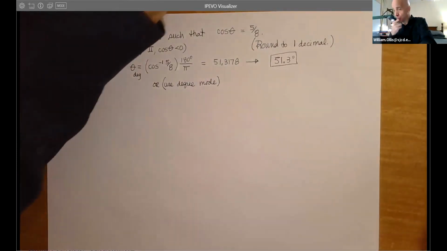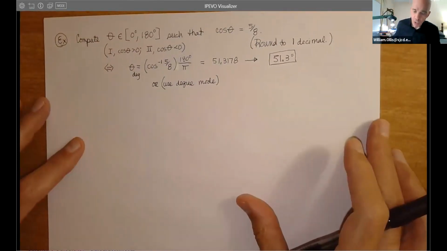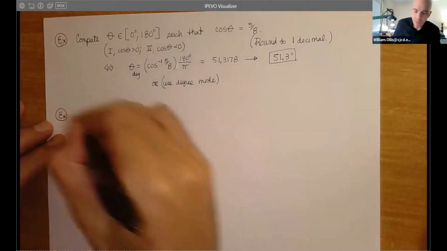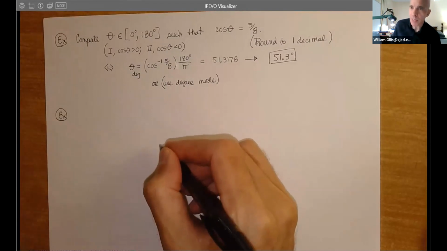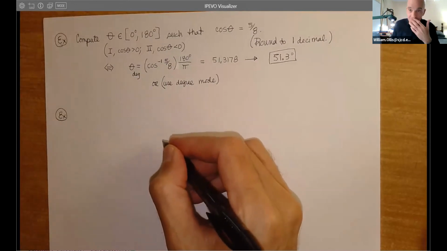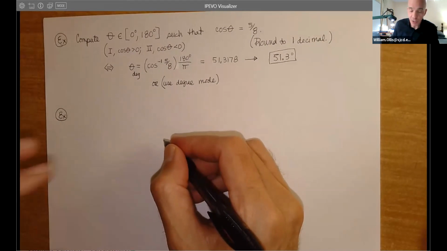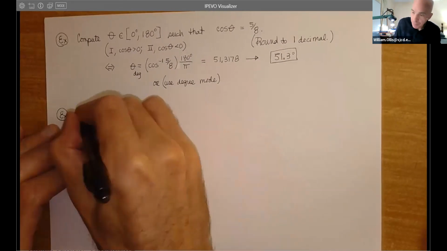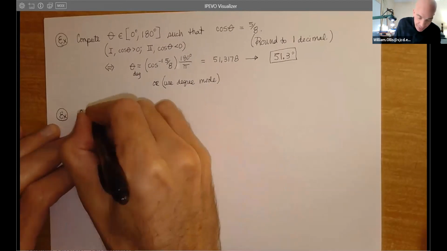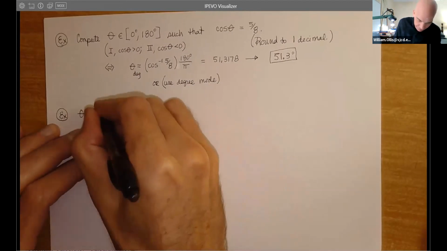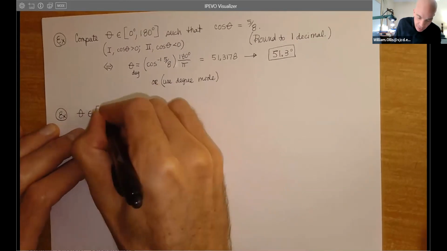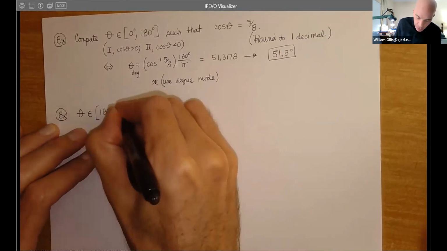Now, there's one other example here that I want to share with you. It's an interesting example because now we have to think a little bit more. With the cosine function, there's going to be a Professor Ron's lemma, and I will share that result with you. But first, let's look at another example. Say theta is going to live between 180 degrees and 360 degrees.